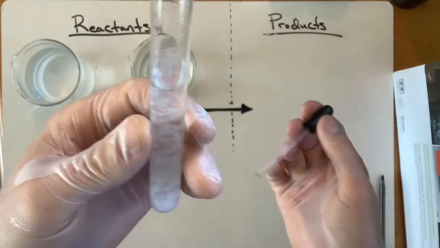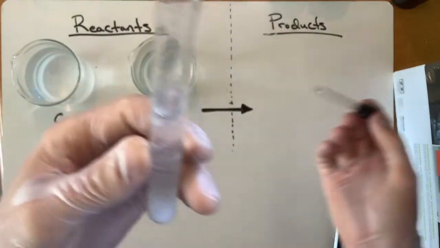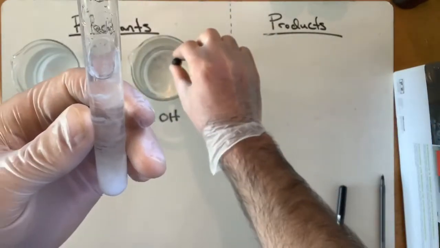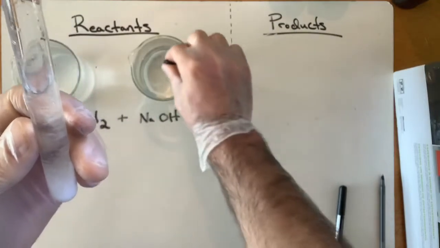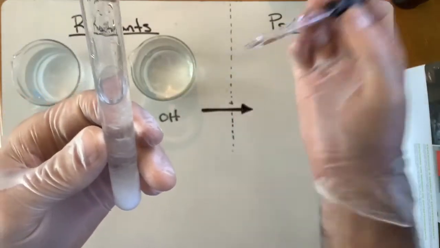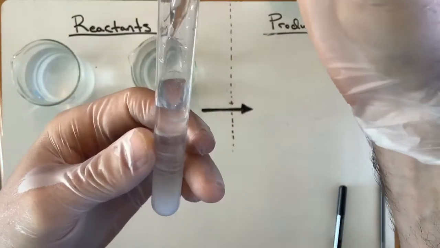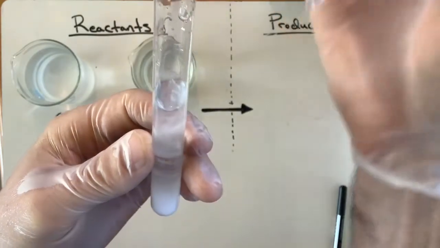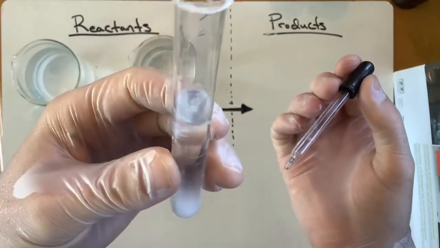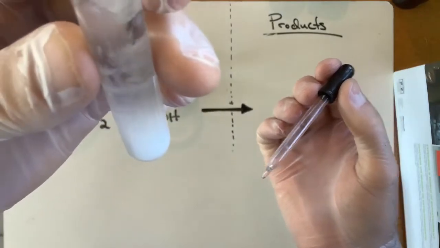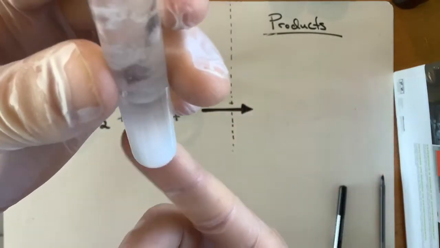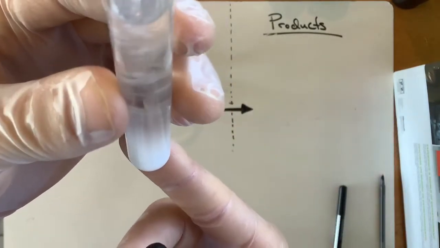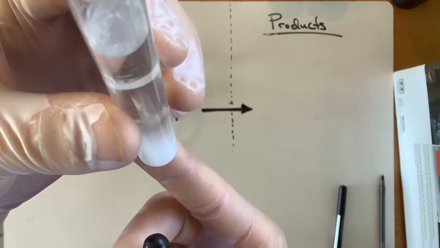Okay, so some of you may be thinking, oh, Mr. O'Brien, that's a color change. I remember color changes, that's a good piece of evidence. But be careful, look closely, use those observational skills. Is this really changing colors right now? If you look, it's kind of hard to tell in the video, but it's not actually a color change that's occurring.